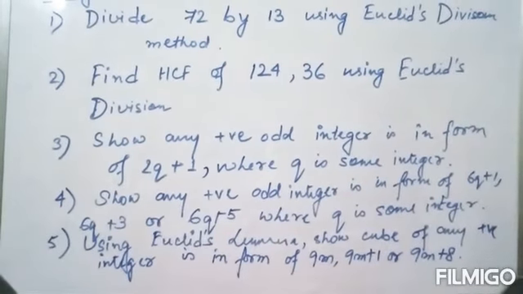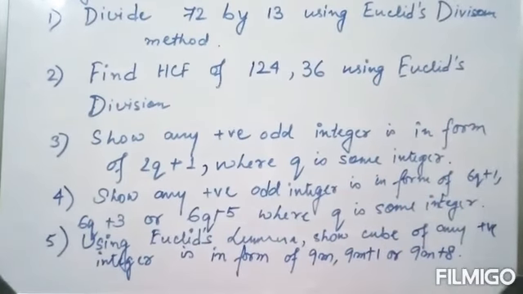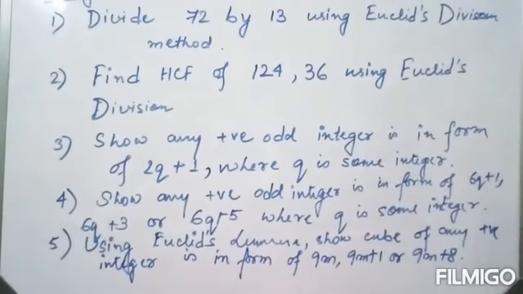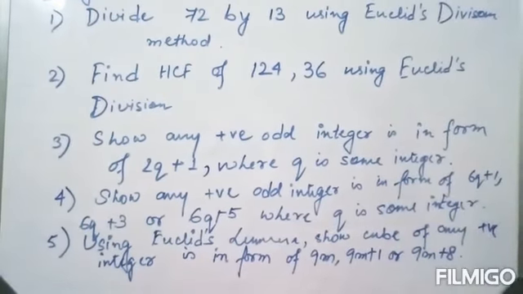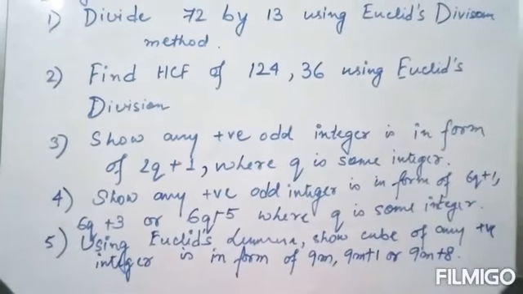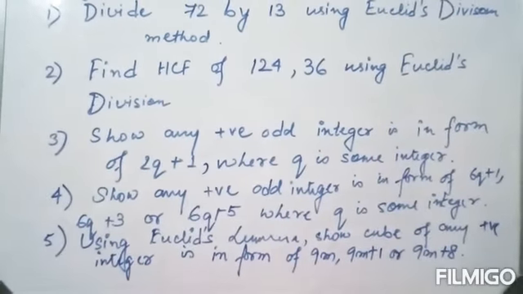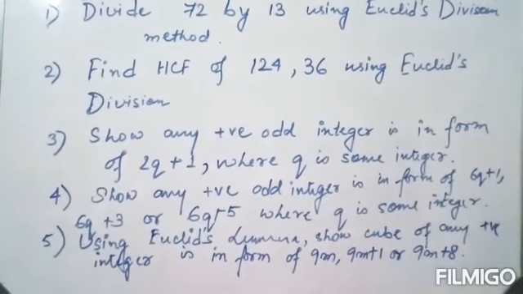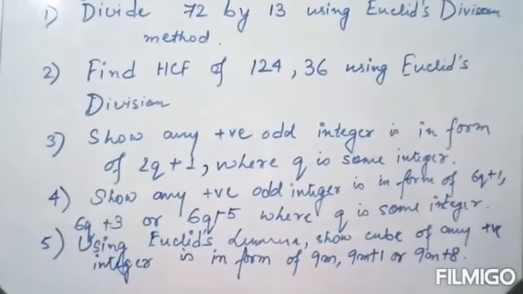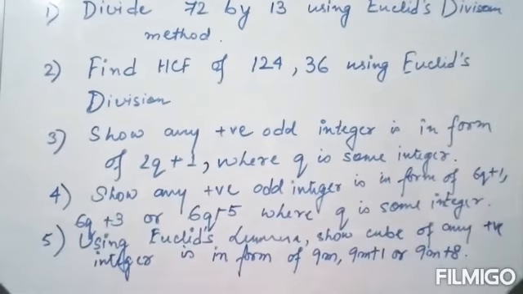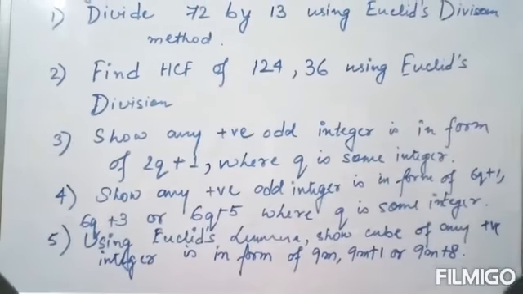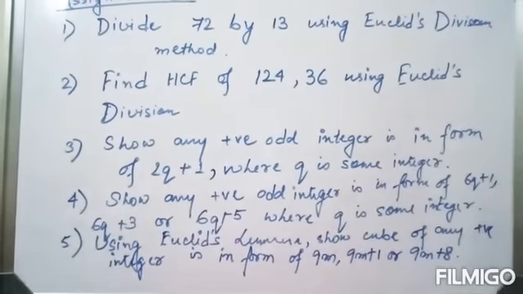Fourth one, show any positive integer is in the form of 6q plus 1, 6q plus 3 or 6q plus 5, where q is some integer. And the fifth one is, using Euclid's lemma, show that the cube of any positive integer is in the form of 9m, 9m plus 1 or 9m plus 8. Okay, note it down.